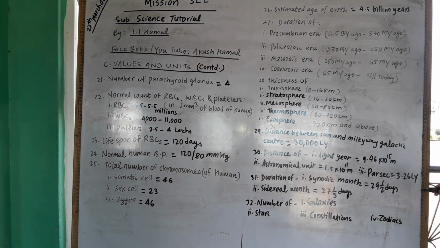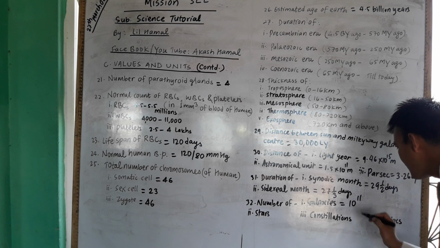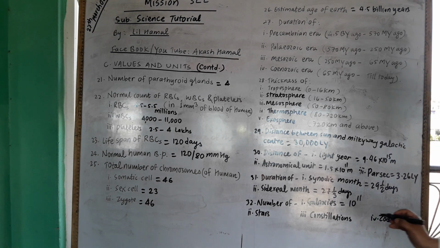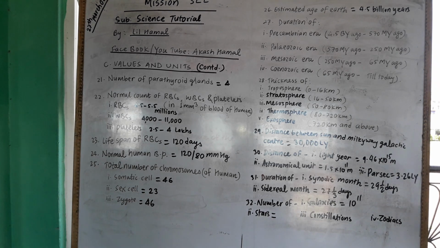Okay, similarly, the number of galaxies, stars, constellations, and zodiacs in space as far as estimated till today. There are about 10 to the power 11 galaxies estimated till today, and each galaxy is estimated to have about 10 to the power 11 stars.